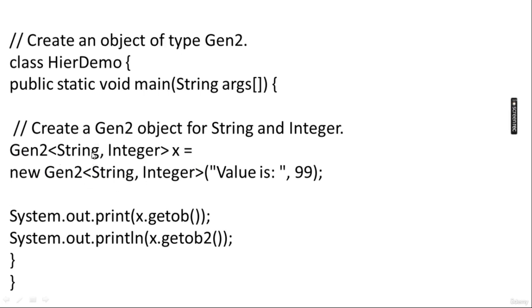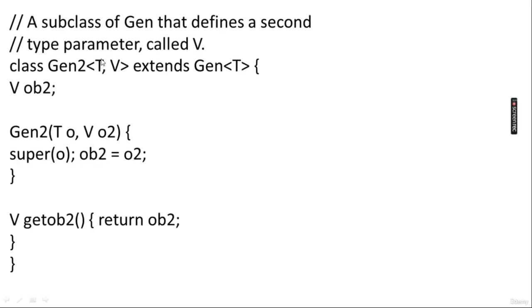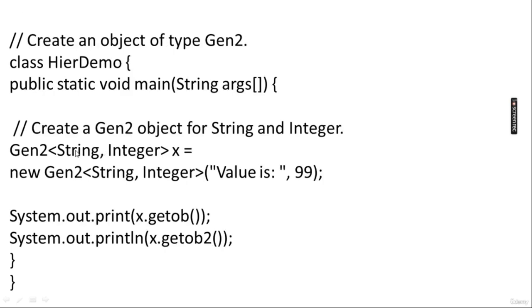So what is String? String is for the generic class, that is T. T is for the sake of passing this String to this class. And what is V? V is over here Integer. So the first parameter is of type String, "value is", and Integer is added to Generic2.